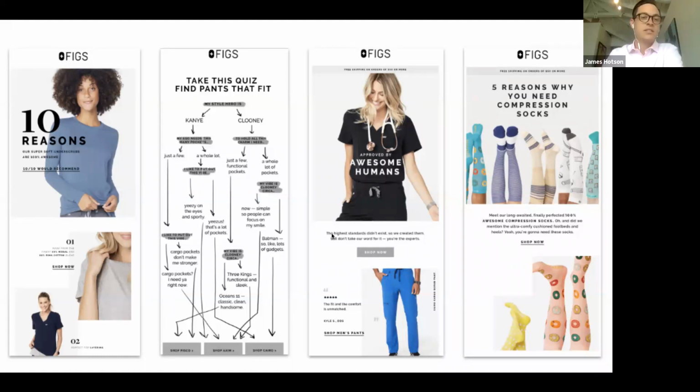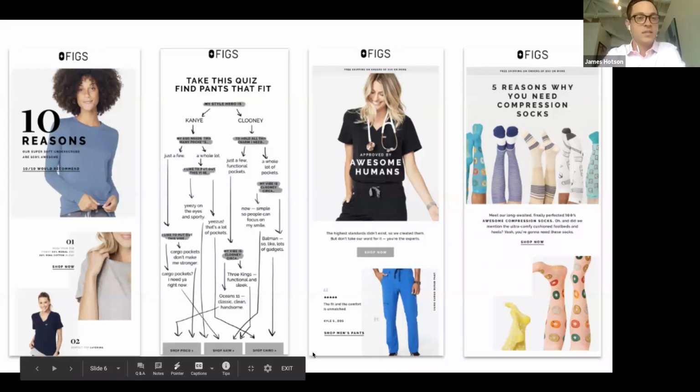Does he resonate with being an awesome human? Does he resonate with socks? That's where you can take your LTV model and say, okay, what do my top 20% customers really resonate with, and what's the messaging that goes along with them, and how do I get that right message in front of them based off of that number? Really taking action off that data and that score that you're getting is super important.